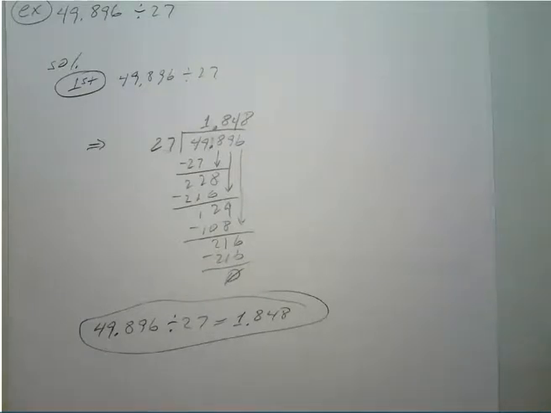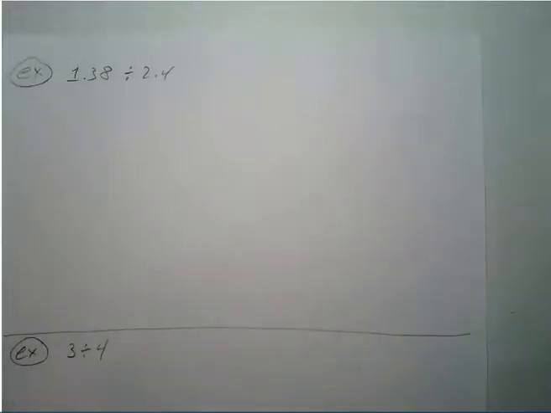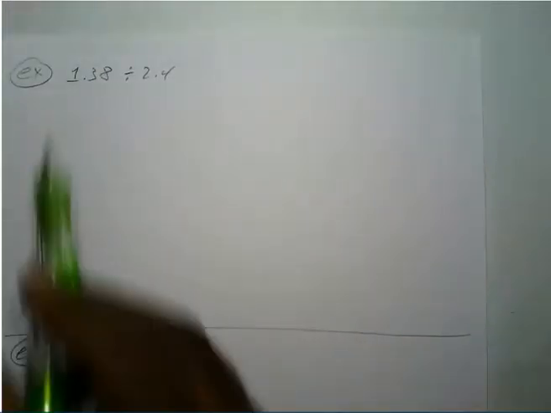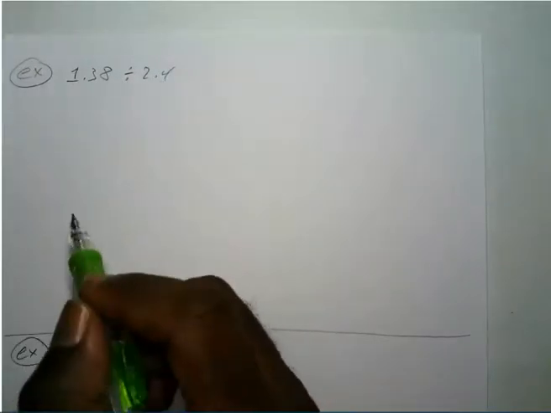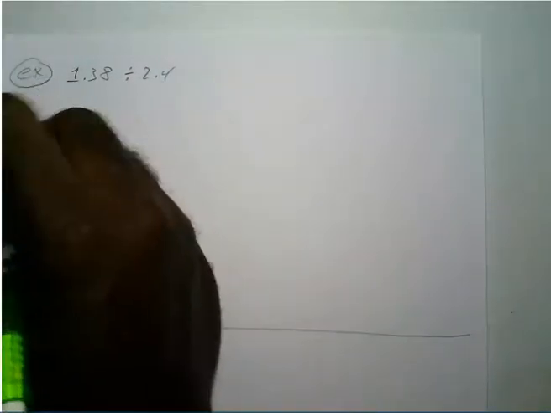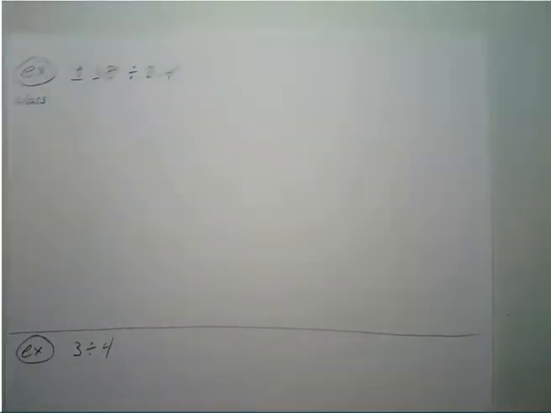If you are still writing this, feel free to press pause. But we're going to go ahead and move on to our next example. We have 1.38 divided by 2.4. What I want you to do is just give it a try using the steps.